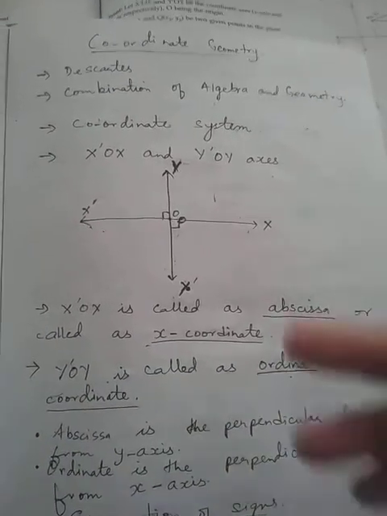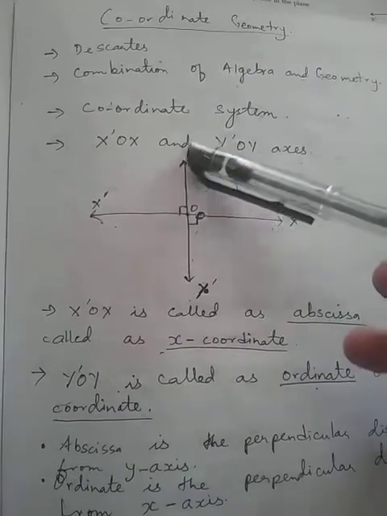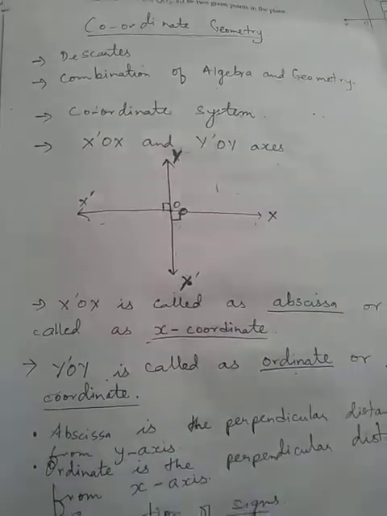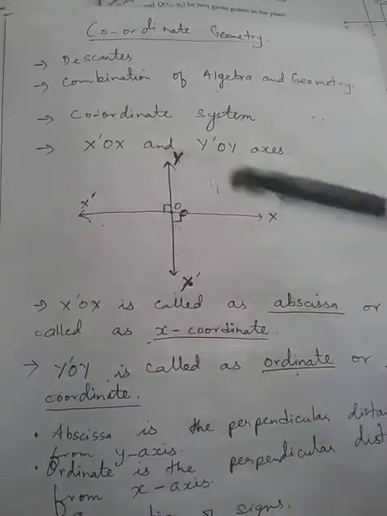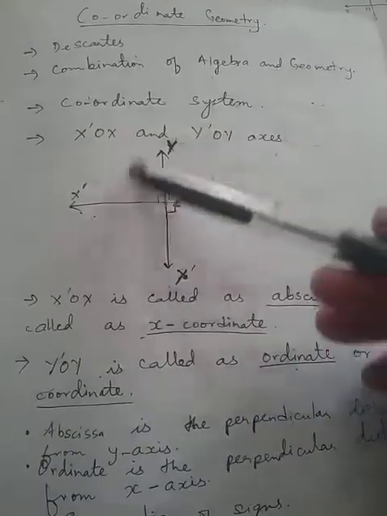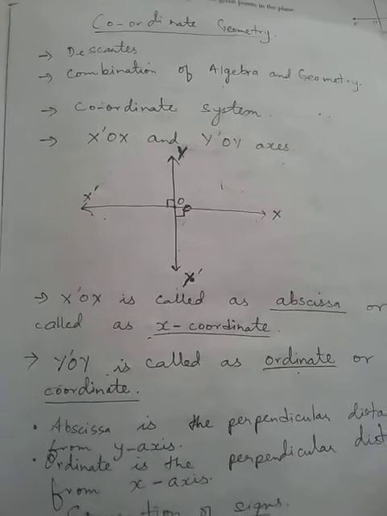So in coordinate geometry as well, we get this vertical axis and the horizontal axis, just like I divide this paper. The vertical axis we call the y-axis, and the horizontal axis we call the x-axis. I hope you know this.